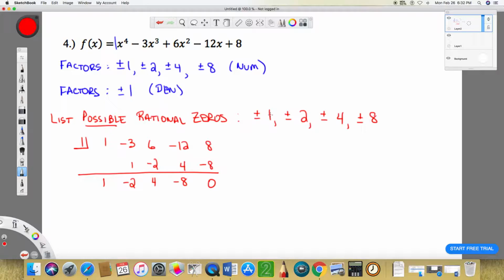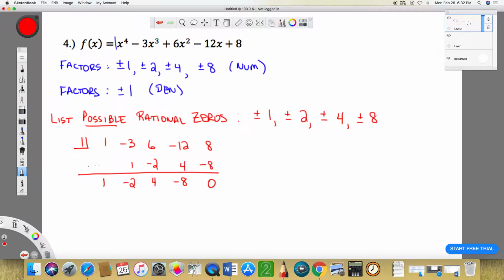So if it has a multiplicity of 2 or 3 or 4, then we can keep using this 1 in synthetic division. So let's see if by chance it has a multiplicity greater than 1. And it doesn't. But it was worth trying.